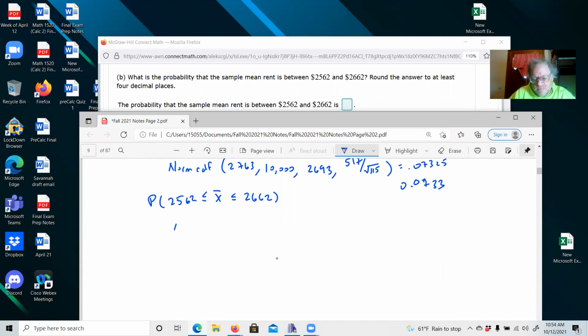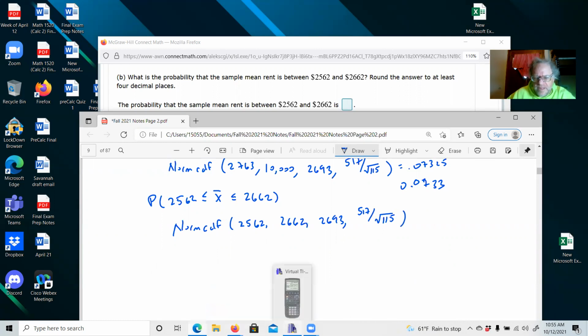So again, empirical rule. Our low number is 2562, our high number is 2662, our average is 2693, and our standard deviation is 517 over the square root of 115. Let's check this out.